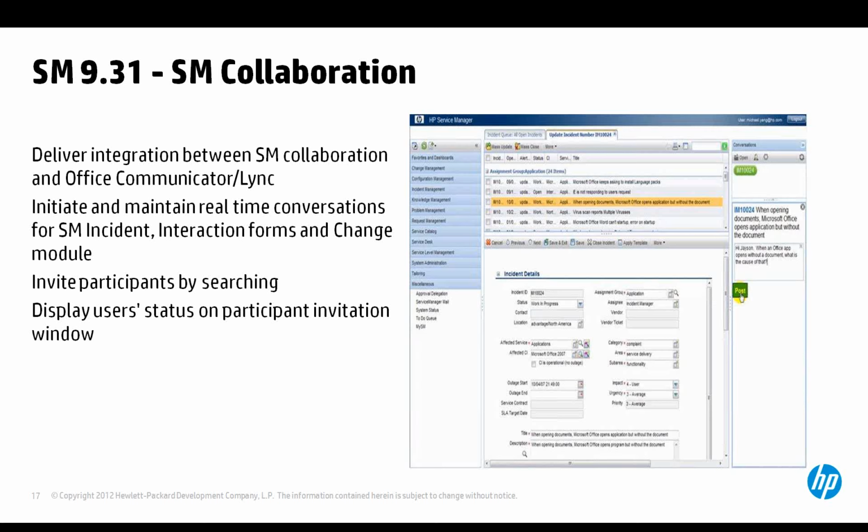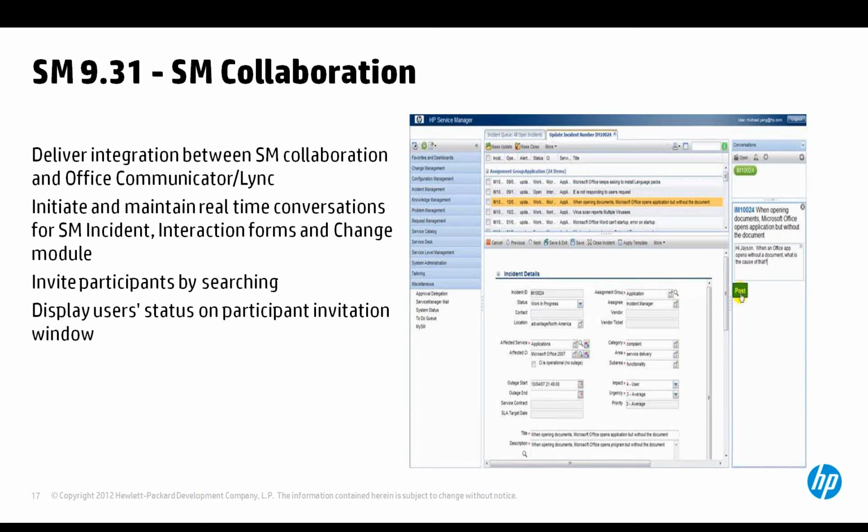So we continue to have the same interesting feature, which is when you open a change or an incident and you want to open a collaboration with someone in the service desk, the system will propose some suggested participants based on the service ownership, the CI ownership, and the assignment groups.